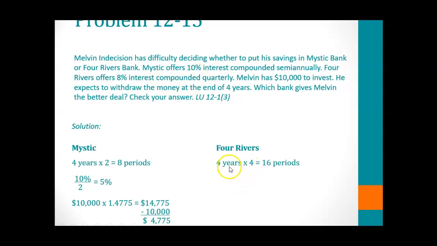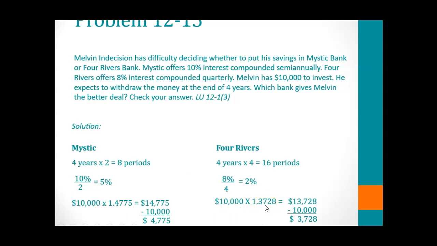Now, if we go with the Four Rivers Bank, they're doing interest compounded quarterly. So we got 4 years times 4 times a year, 16 periods. The rate is 8% compounded quarterly, so the rate is going to be 2% per period. So now N equals 16, I equals 2. Using your future value table, it gives you a factor of 1.3728.